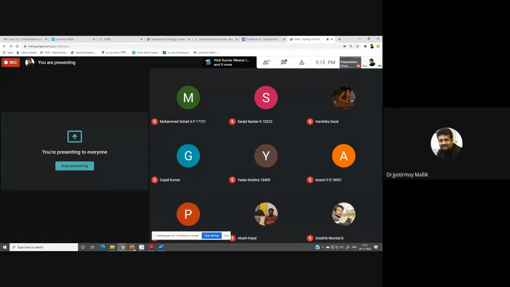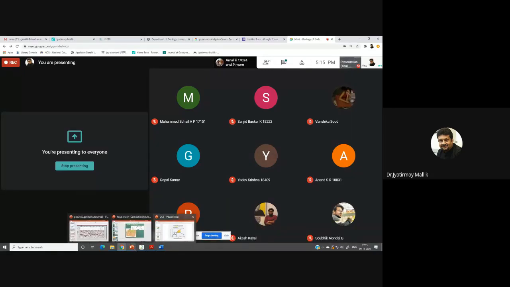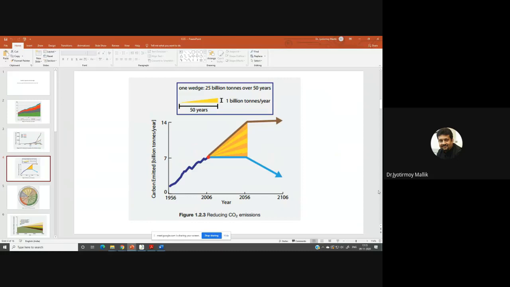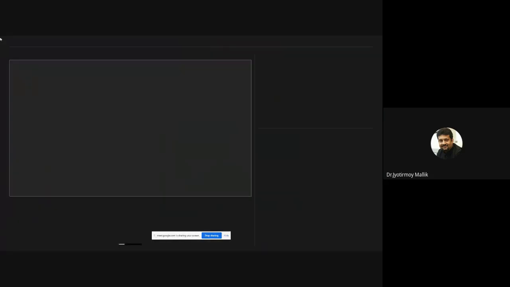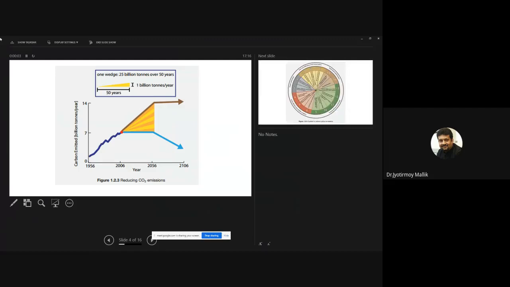So what these different countries are thinking is that they have to essentially reduce the carbon footprint, as they say, the carbon footprint. So this is another way of looking at how the carbon dioxide emission is going on.